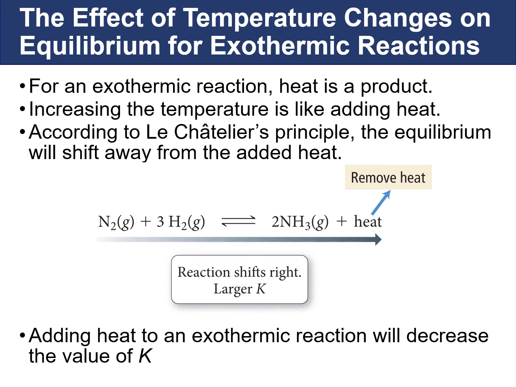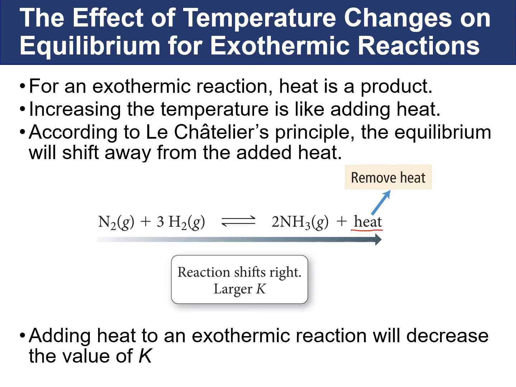So again, the effect of temperature change, we can write out the heat as a product for exothermic reactions. By increasing the temperature, it's like adding heat, and according to Le Chatelier's principle, the equilibrium will shift away from the added heat. So if we have an exothermic reaction, heat would be written as a product.